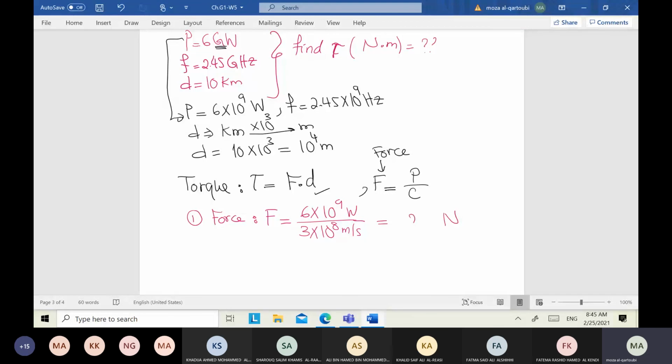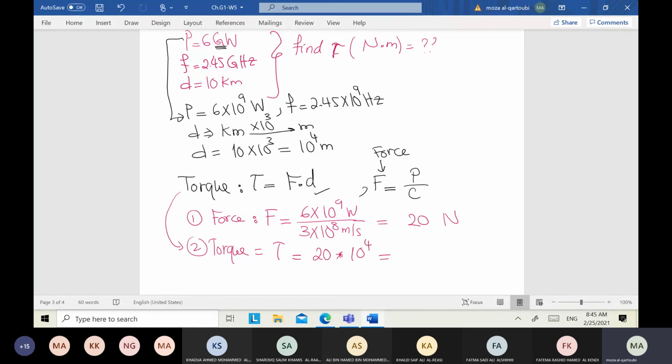Then in step number 2, we go back to the rule and find torque. Torque equals F, which is 20, times distance, which is 10 to the power 4.